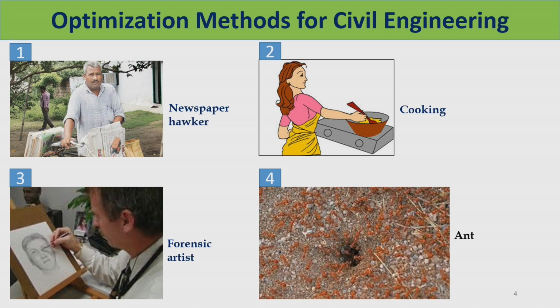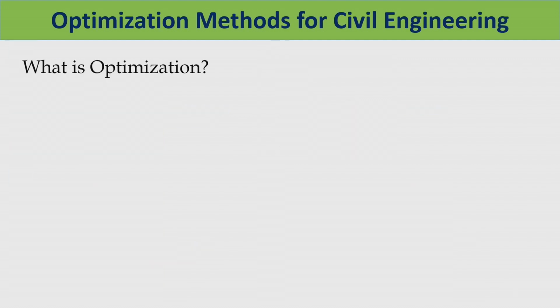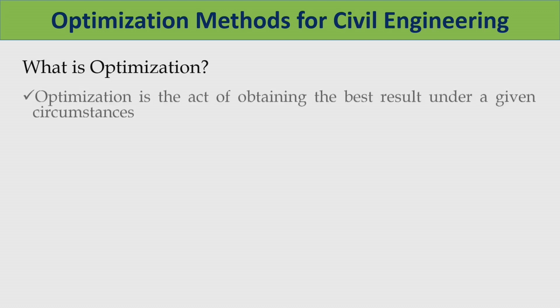So, I will explain this in my course how they are doing optimization, even an ant colony, how they are performing optimization in their various activities or when they are searching food. So, let me explain what is optimization, then I will go back to the figure again and then I will explain that. Now, what is optimization?